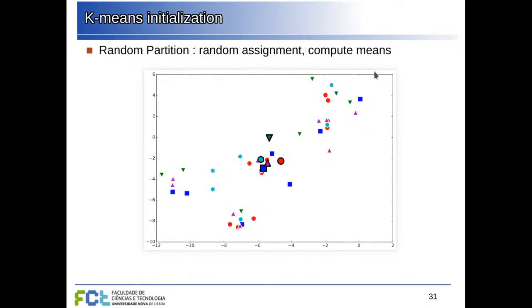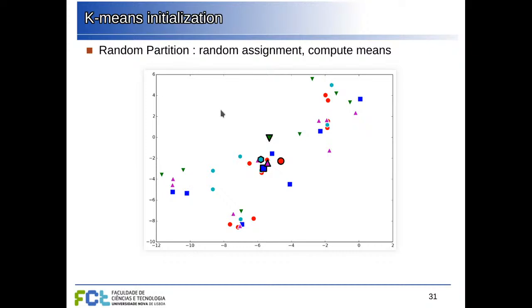Another example of initialization is to assign at random each example to a different cluster. So this one is a green triangle, a blue hexagon, a red circle, and so on. We do this at random. And now we compute the representatives, the centroids of all these clusters by computing the mean coordinate or the mean point of each of these clusters.